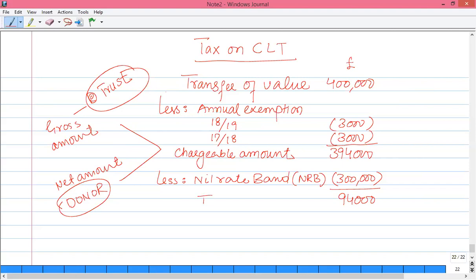So this is the taxable amount. Now the IHT rate is either 25% or 20%. That depends on who is paying tax, either donor or trust.